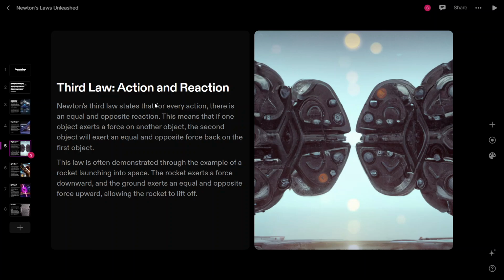Like when we apply force to a wall. Suppose you give 5 Newton force to a wall. The wall also pushes back with 5 Newton force. You don't feel that force, but an opposite and equal force also exists.